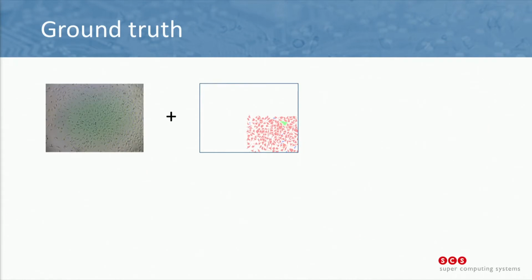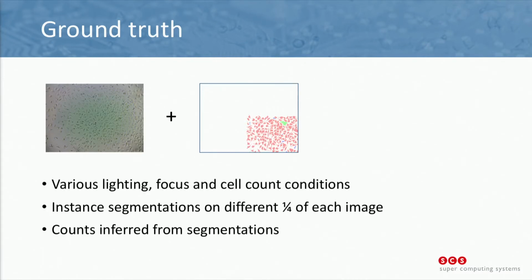Our ground truth consisted of segmentation maps, as you can see on the right here. These segmentation maps cover 1/4 of the image, roughly, to spare our partner a little bit of the hard work of actually doing the ground truth generation.